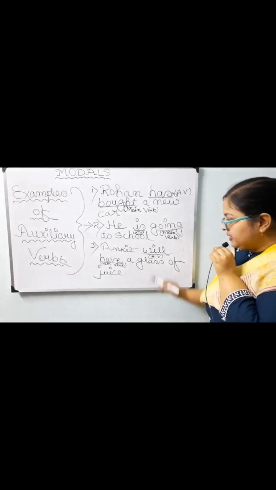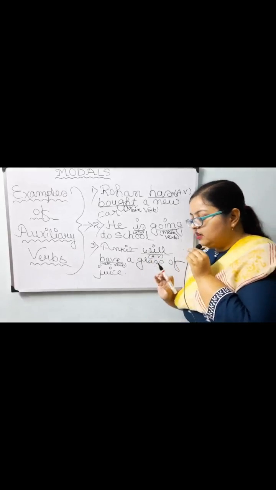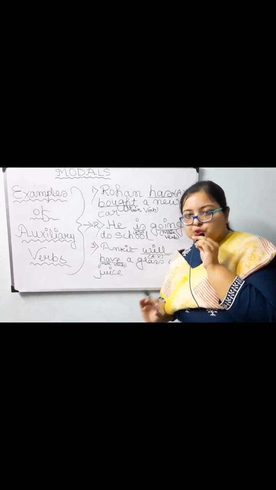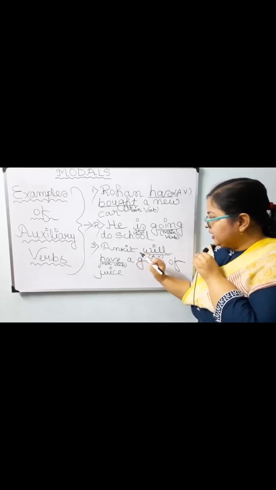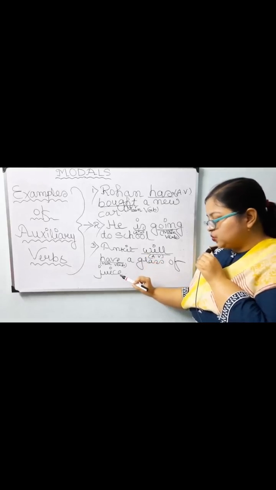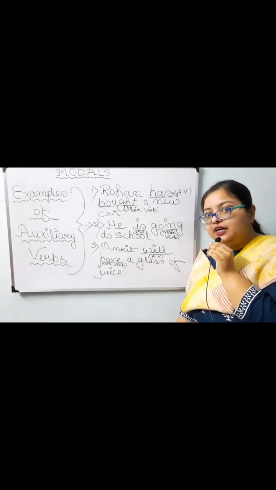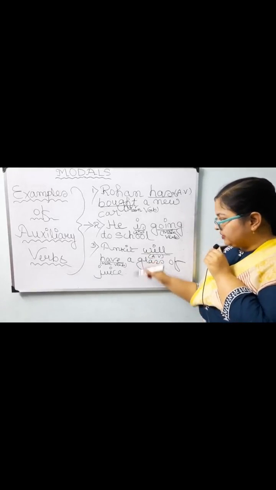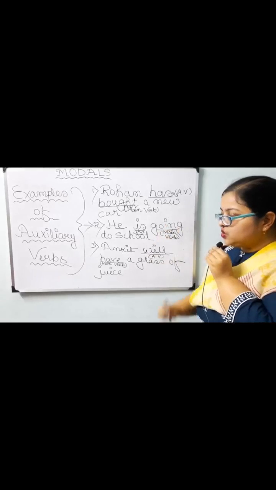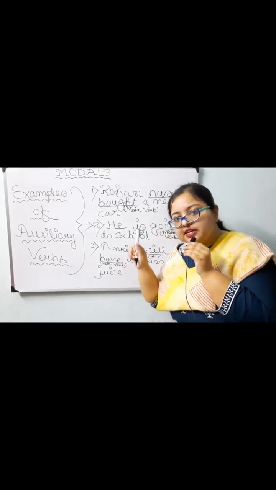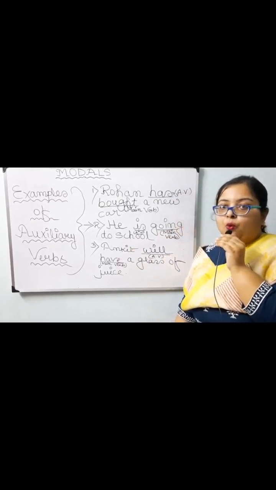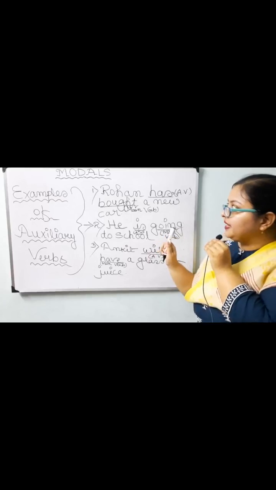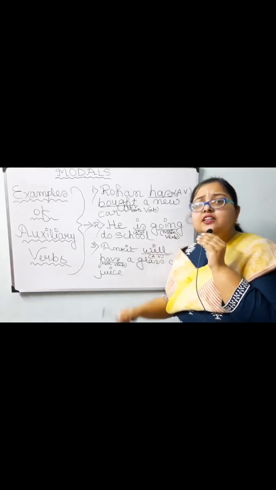So here it is playing a very important role in this sentence. Ankit will have a glass of juice. What will he have? A glass of juice. Okay. So here students, in these consecutive sentences, we can see that no sentence has a single verb.